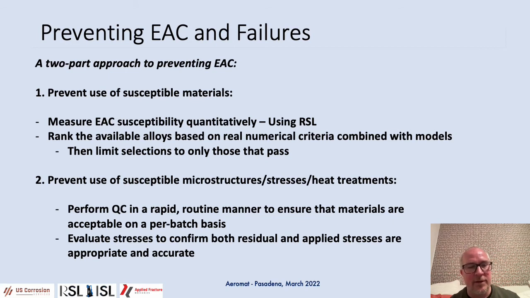And then the second part is preventing the use of susceptible microstructures or stresses or heat treatment. And the challenge there is that even when a material has been proven during step loading that it can be resistant to hydrogen embrittlement, that doesn't mean that it is every single time it's made. Due to variations that can occur in the processing or fabrication of materials, it's important that you also perform quality assurance in a routine manner that can help you make sure every batch that you're producing or that you're using is acceptable.